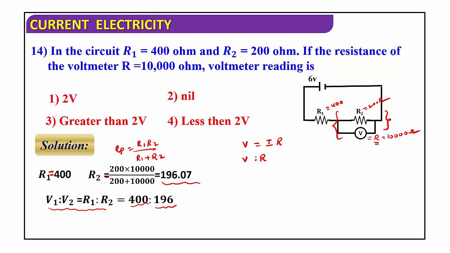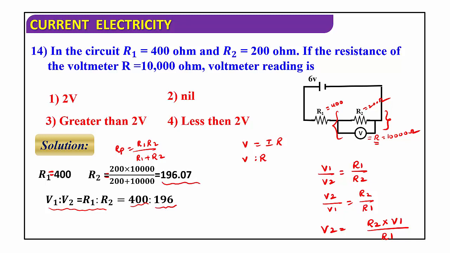Or this equation can also be written as V1 by V2 equal to R1 divided by R2. Is it clear? I want the final voltage, the voltmeter reading, so I am going to rewrite this equation as V2 by V1 equal to R2 divided by R1. V2 equals R2 into V1 divided by R1.